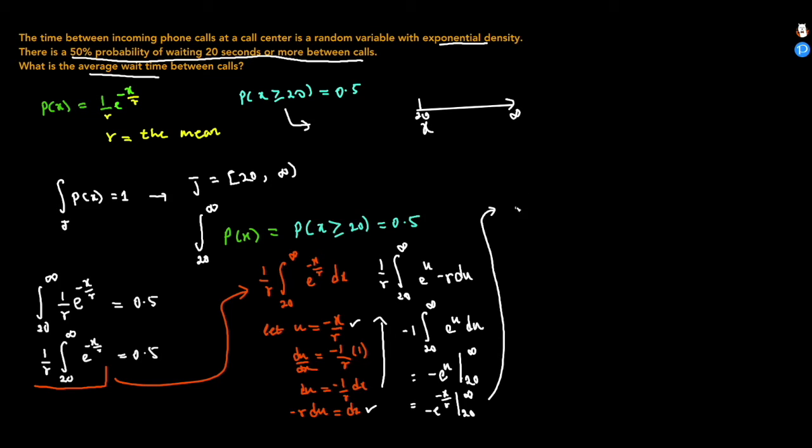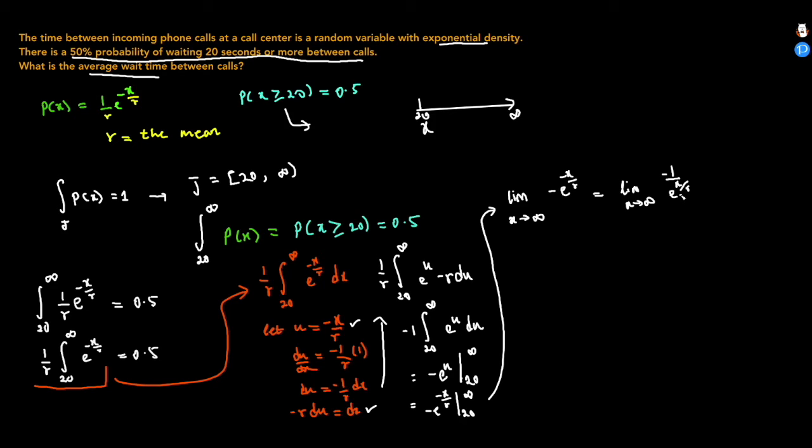For the upper bound, it's the limit as x approaches infinity of minus e to the minus x over r, which is equal to the limit as x approaches infinity of minus 1 over e to the x over r.